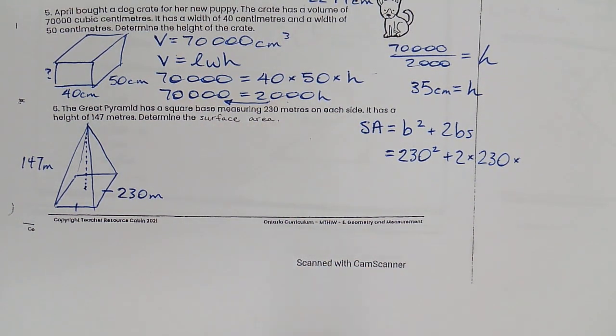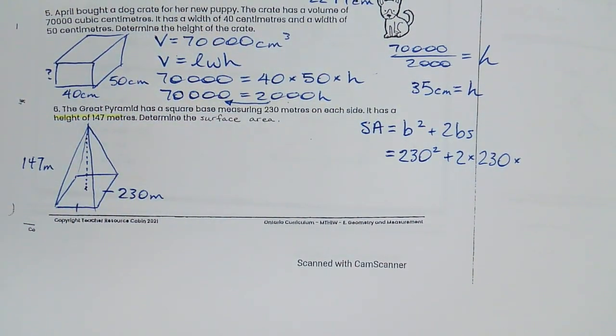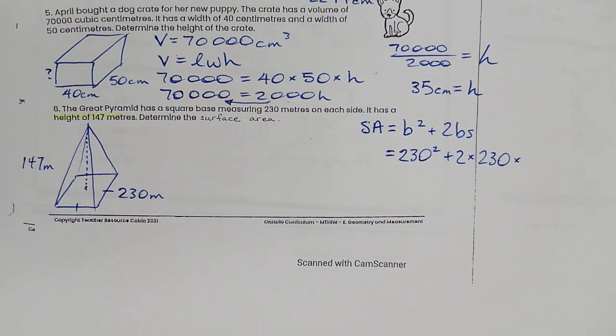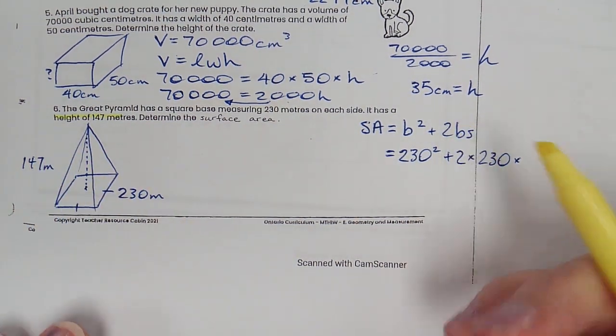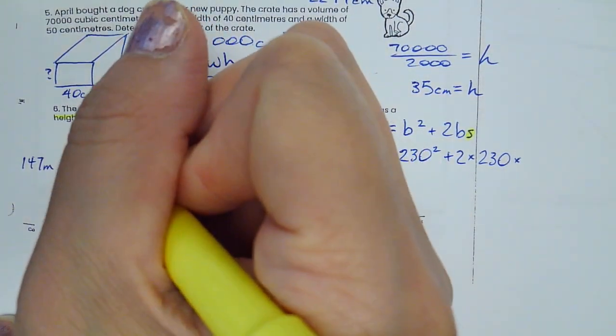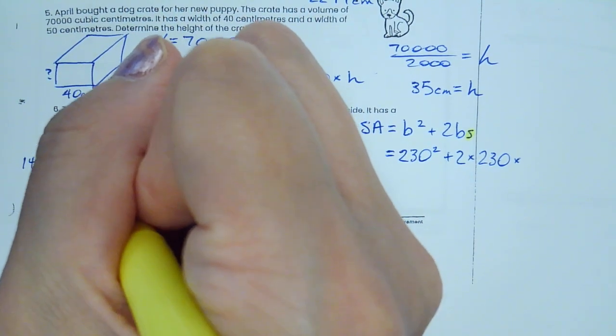So see, that's why I say this is a tricky question. The height is 147. What abbreviation do we use for height? H, right? H for height. I want an S right here, so it's not 147. The S is this slanted height right here.